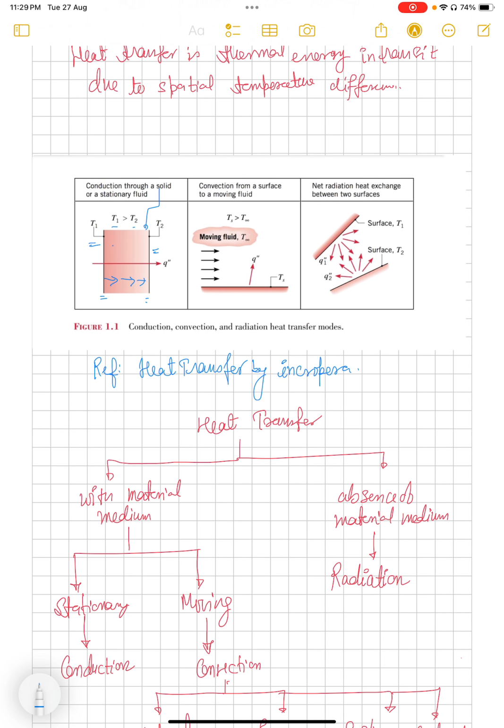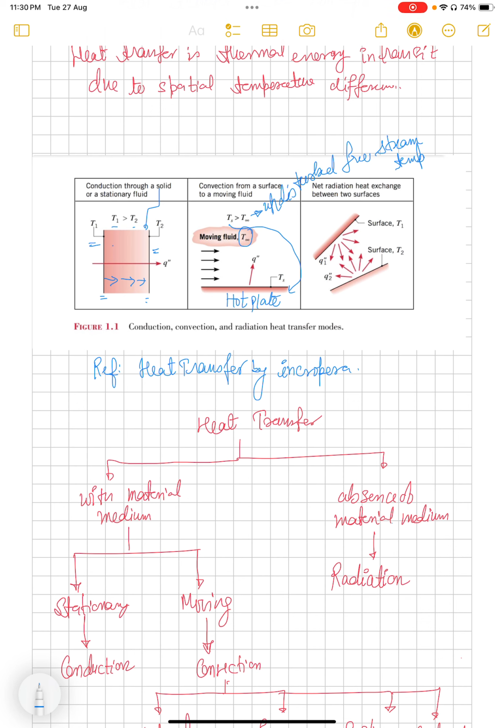And let's suppose this is the hot plate, because surface temperature is greater than the fluid stream temperature. This is the undisturbed free stream temperature, and let's say some fluid is moving over it.